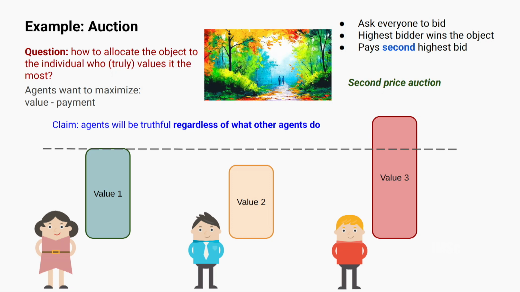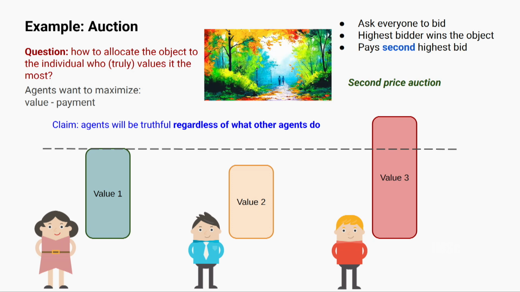So if you overbid, you were winning earlier, you are still winning the item, and your value is still that value 3. Right? Your payment is not dependent on your action anyway, so you are still paying the same amount. So the difference is still the same even if you overbid.